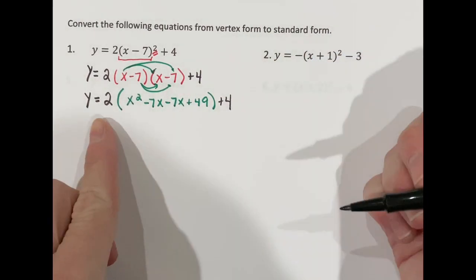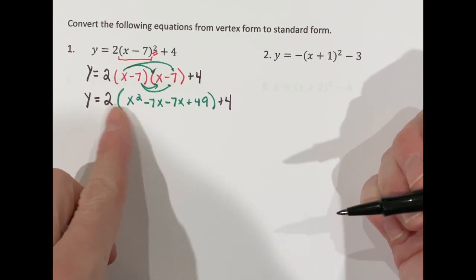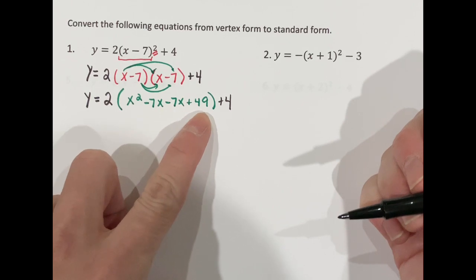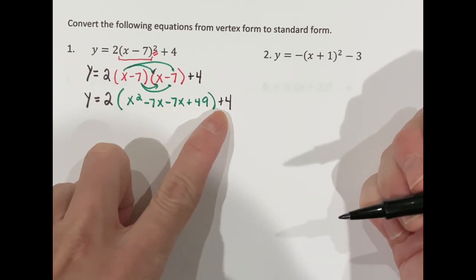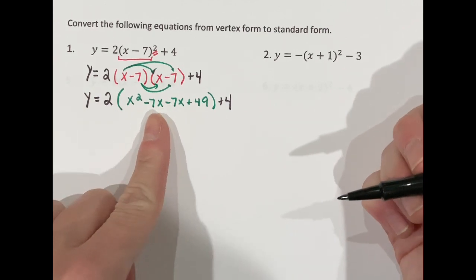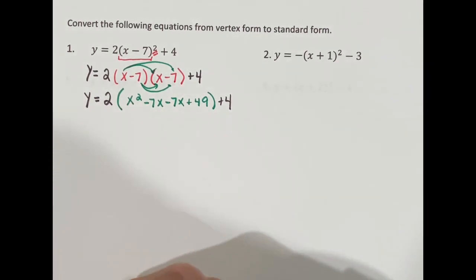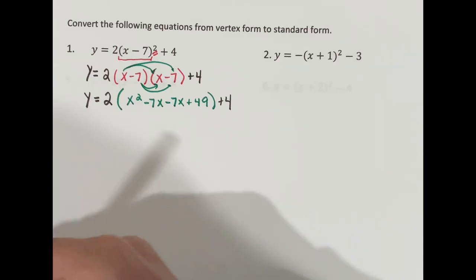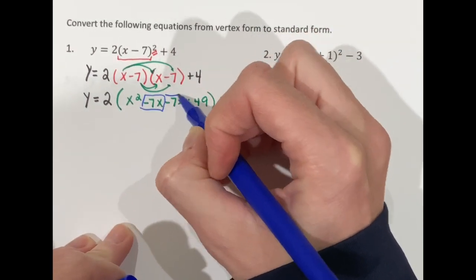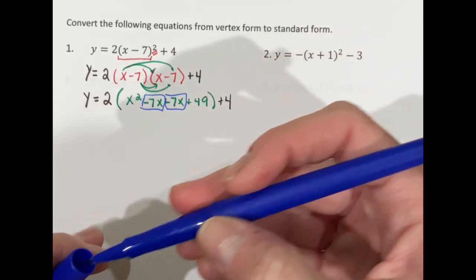So now I have y equals 2 parentheses x squared minus 7x minus 7x plus 49, close the parentheses, plus 4. I only want to combine like terms with what's inside of the parentheses first. So I'm going to combine just the negative 7x and the negative 7x.